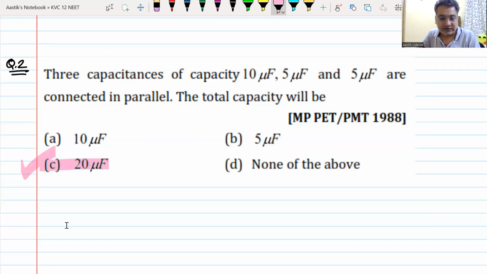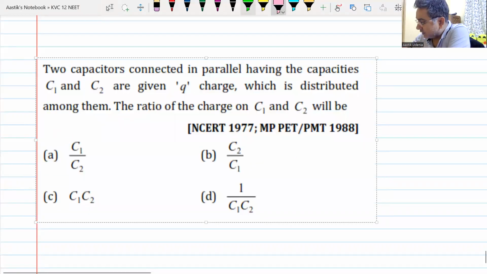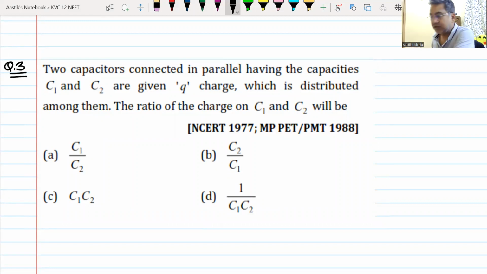Comes the next one. And I hope you can give me the answer for this one as well. This is question number 3. Two capacitors connected in parallel having capacity C1 and C2 are given Q charge, which is distributed among them.